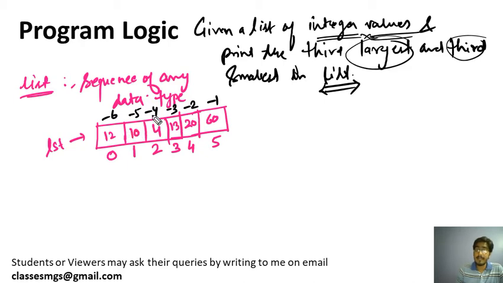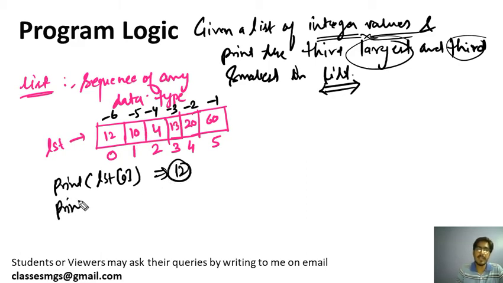And how do you access the list? Let's suppose you want to print the first element, then how do you write it? print(lst[0]). It will print the first element of the list as output, 12. If you want to access the second element, print(lst[1]), then it will print the second element, that will be 10.